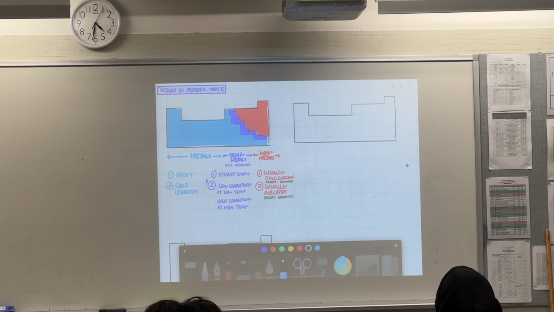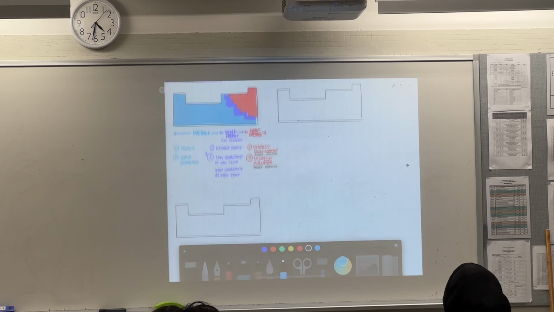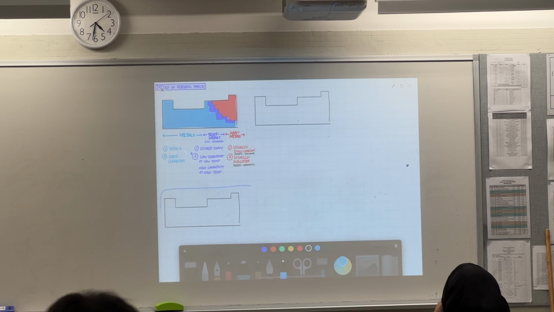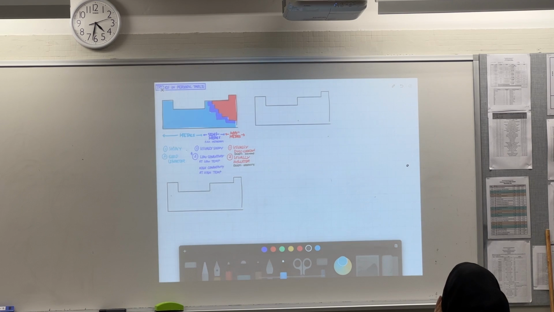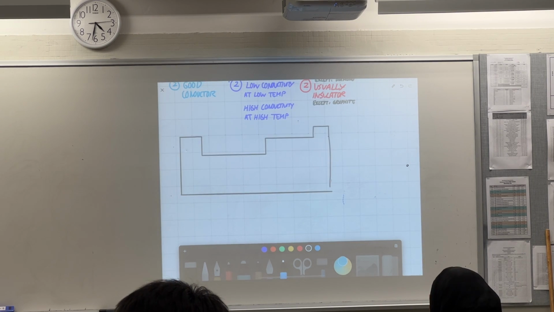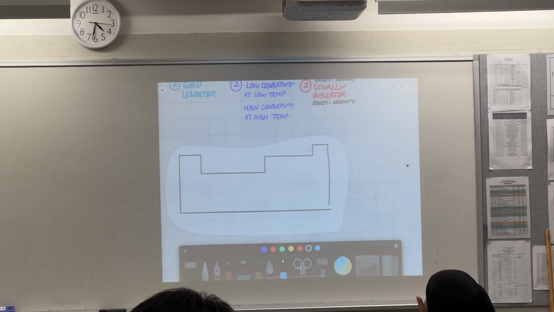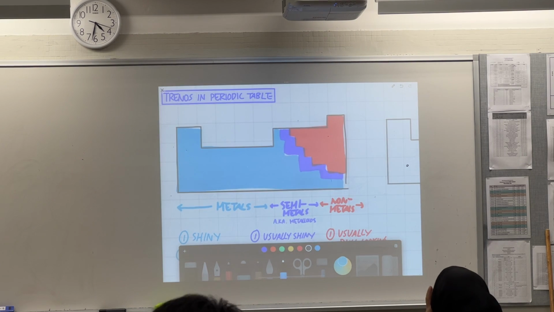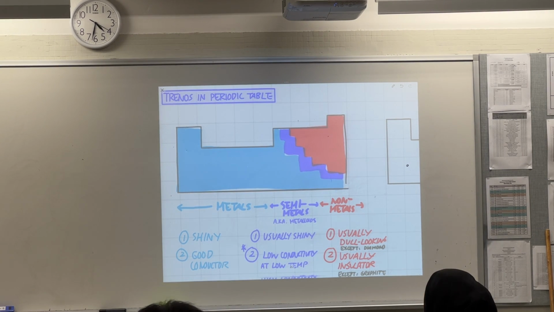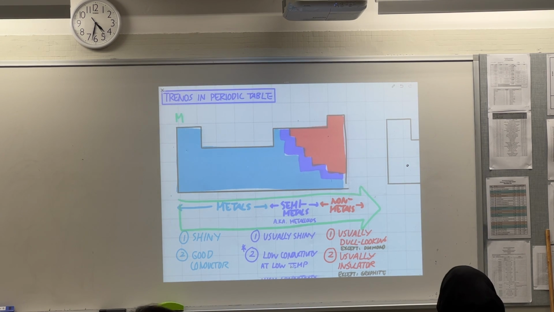So we have metals, non-metals, and semi-metals. Then we look at the bonding character. Here you can put down the first trend that we look at, the metallic versus non-metallic character.